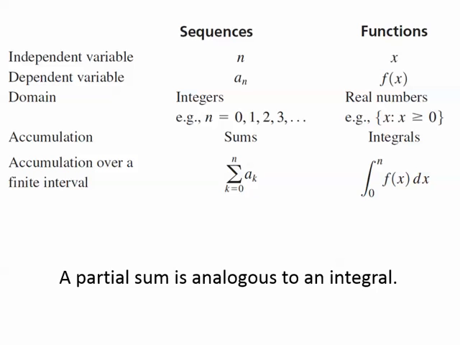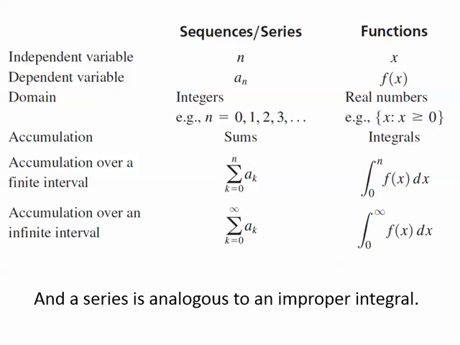A finite sum, if you were to add up the first n terms, that would be analogous to an integral. Because what's an integral? An integral is just adding things up. And the same thing here. A partial sum is just adding things up. Now, a series, which has an infinite number of terms that you're adding up, is analogous to an improper integral.